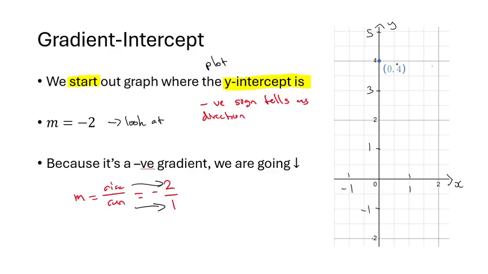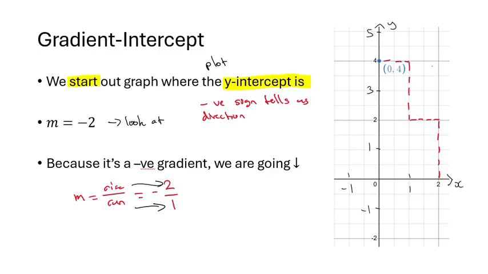So if I draw my graph, I am now going to move across to the right by 1, and now I'm going to go down by 2 y values. Then I move across to the right by 1, and go down by 2 values. I keep going until I reach the edge of my graph.